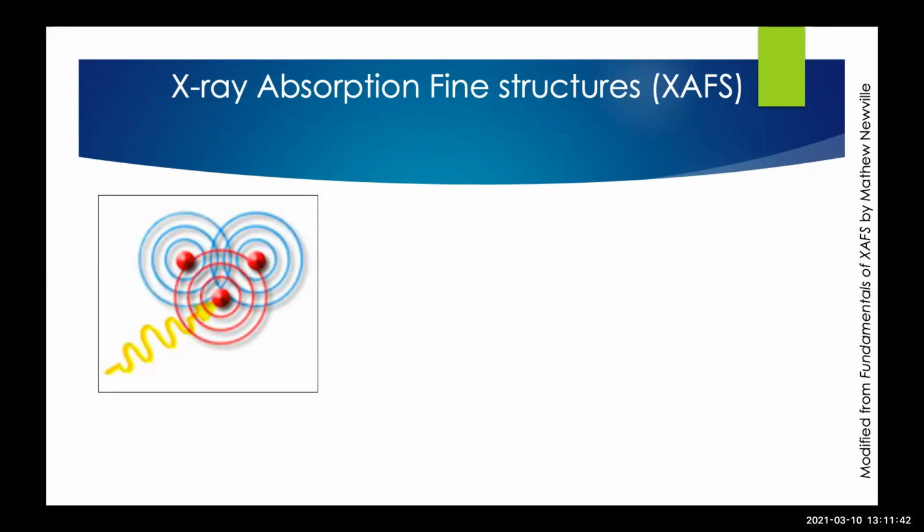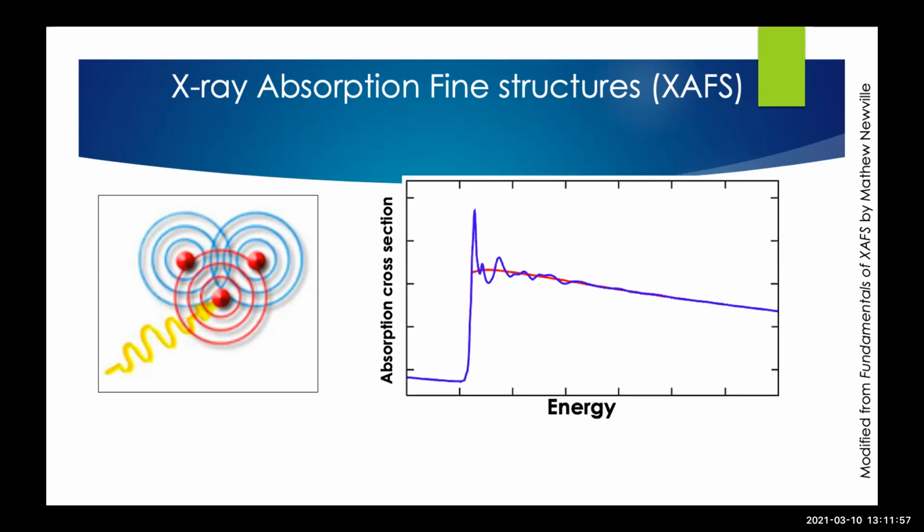In a solid, we have electrons that are highly packed together, unlike the gas phase. So this will generate constructive and destructive interference, and this will have an effect on the absorption cross-section. So many extra features will be present, and these features are one or two electron volts wide.